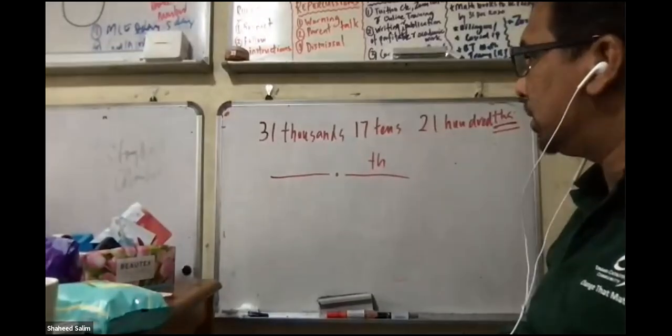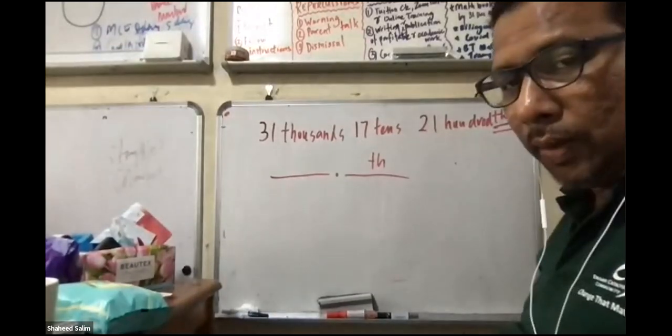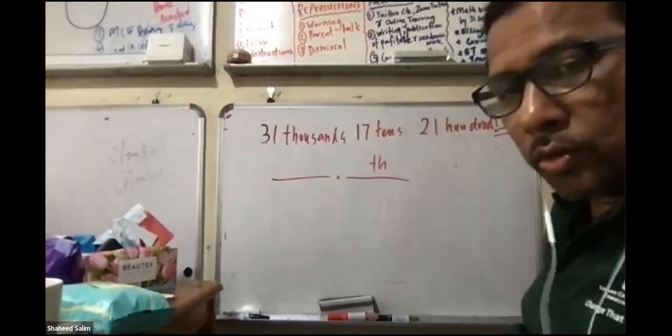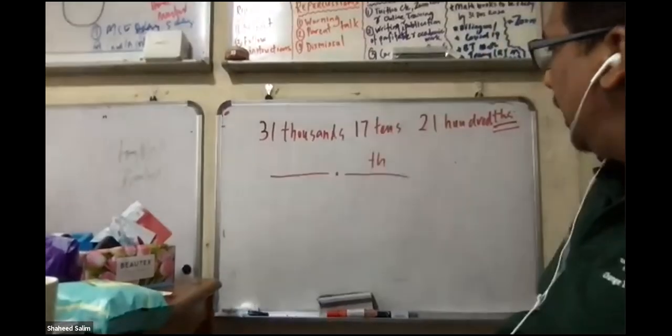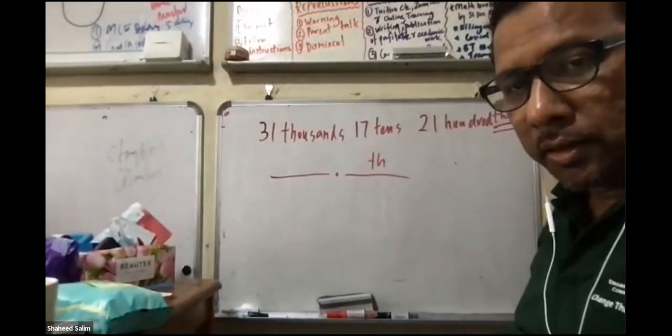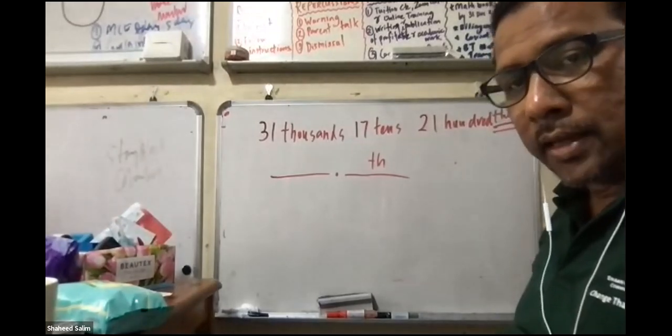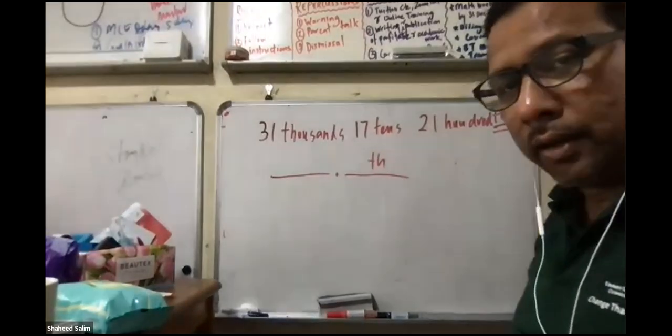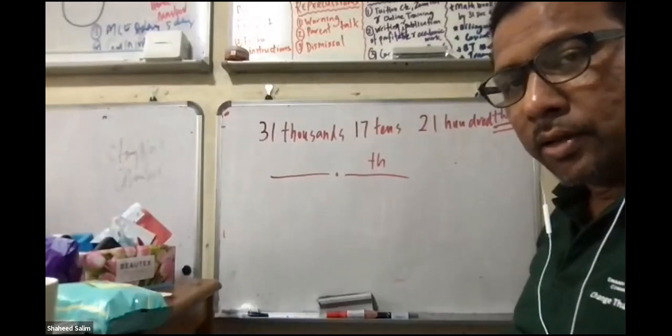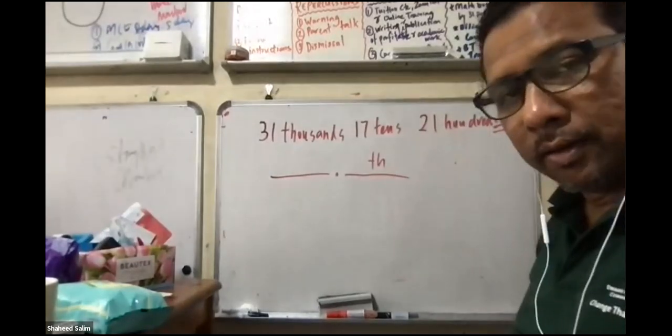Naomi, yours is 33,000. We want 31,000. Yours is almost there. Everything correct, but how come yours is 33,000? Okay, Shalina, waiting. Shafia, waiting.